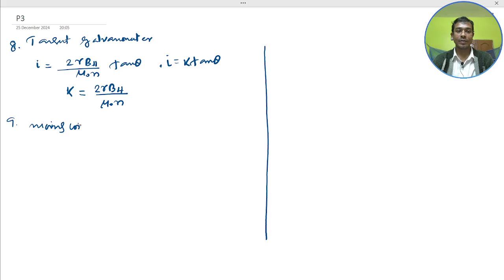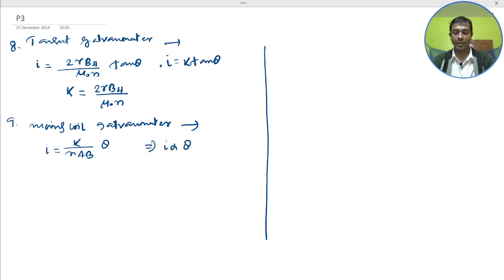For the moving coil galvanometer, I is equal to K by NAB times theta. So I is proportional to theta, and K by NAB is the galvanometer constant.